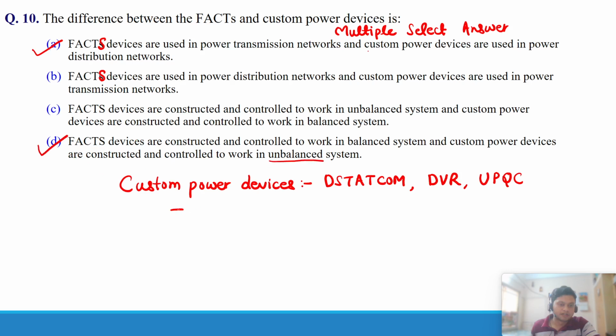So transmission systems we usually consider as balanced, and distribution systems are unbalanced in nature.